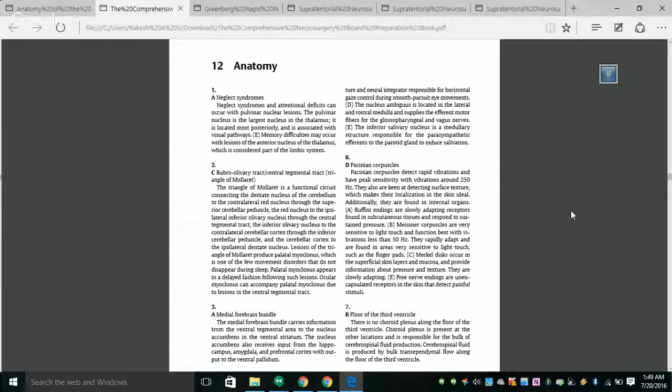So basically, this question analyzes the anterior nucleus and the posterior nucleus. The largest nucleus in the thalamus is pulvinar, which is posterior. You can remember P for P: pulvinar is posterior and the biggest one. It is associated with the visual pathways, and the lesion here causes neglect syndromes and attentional deficits. The add-on information is that there is an anterior nucleus in the thalamus concerned with the limbic system, and a lesion there can result in memory difficulties.